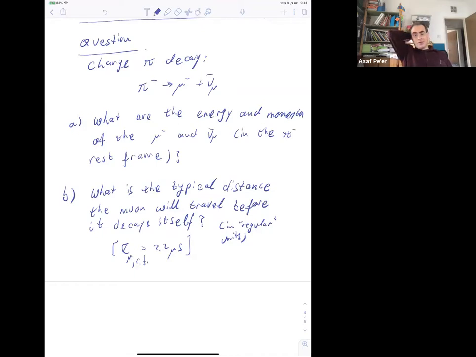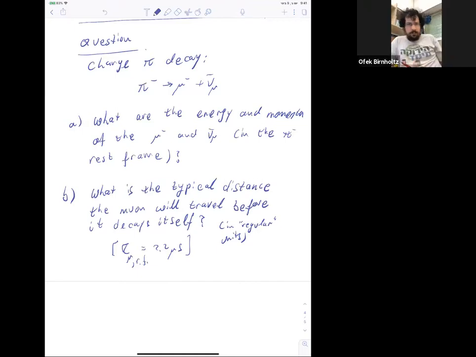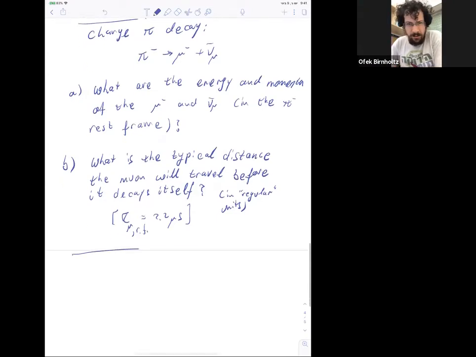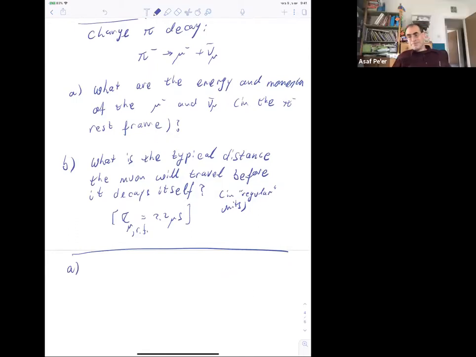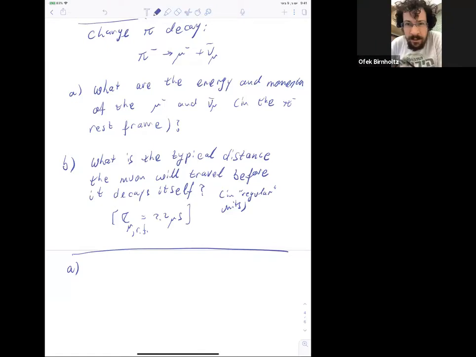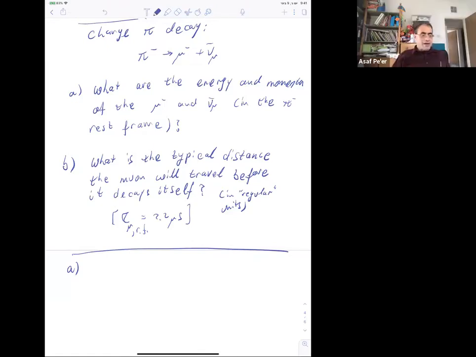In practice, we need to do it using the four-momentum formalism. Of course. For that we need the rest mass of the pion from the book, M pion. So one by one. What is the form of the four-vector of the pion?